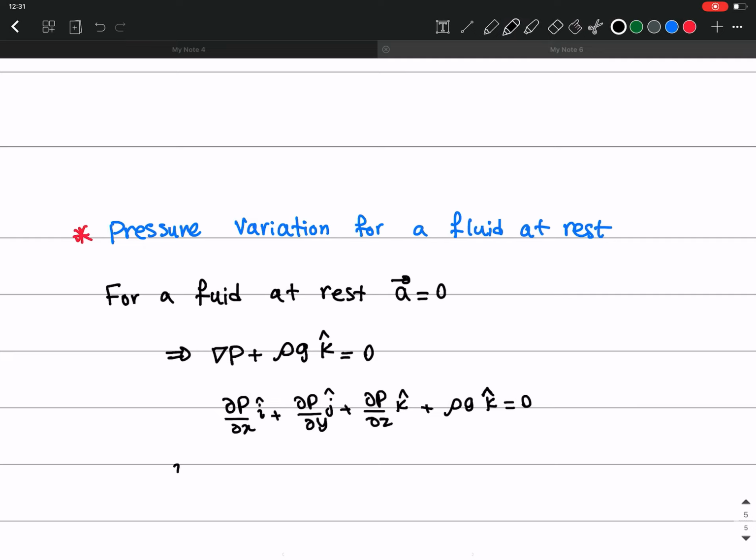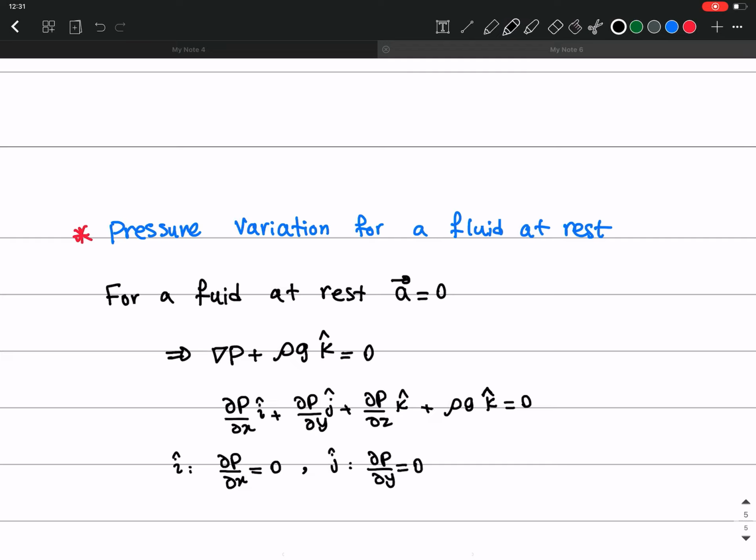So in the i direction, this means that partial P partial X should be 0. In the j direction, partial P partial Y should also be 0.